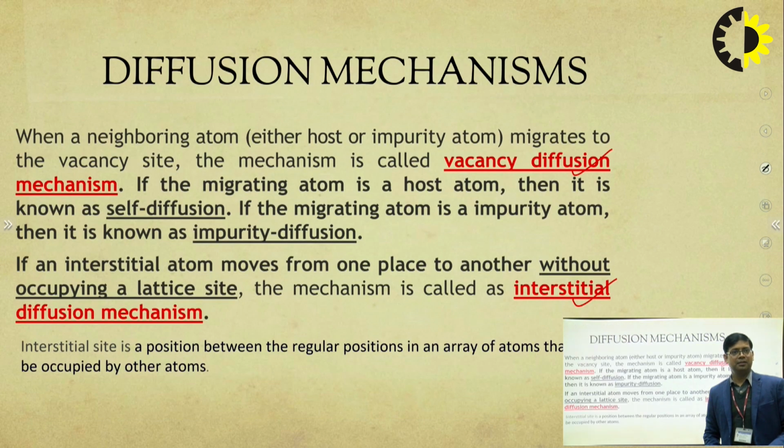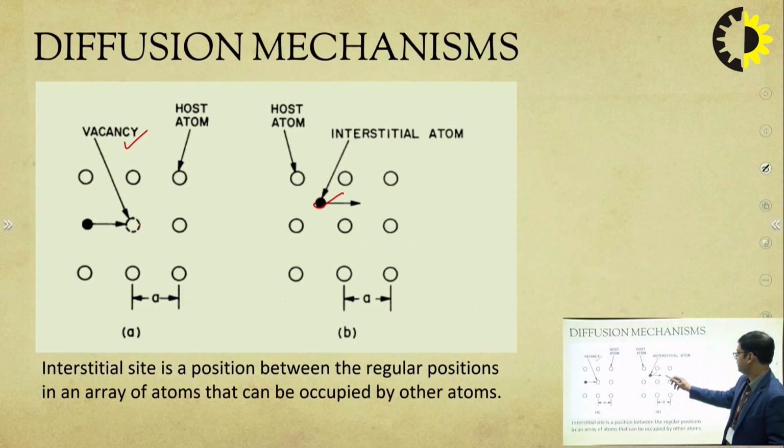Once again, we can see here an interstitial atom, the atom which is kept in a free space between the regular atoms. If this interstitial atom moves from one free position to another, but in that process it involves displacement of other atoms, then this is known as the interstitialcy diffusion mechanism.